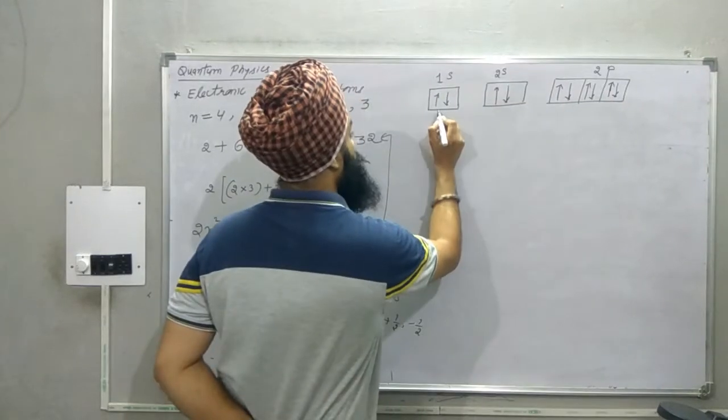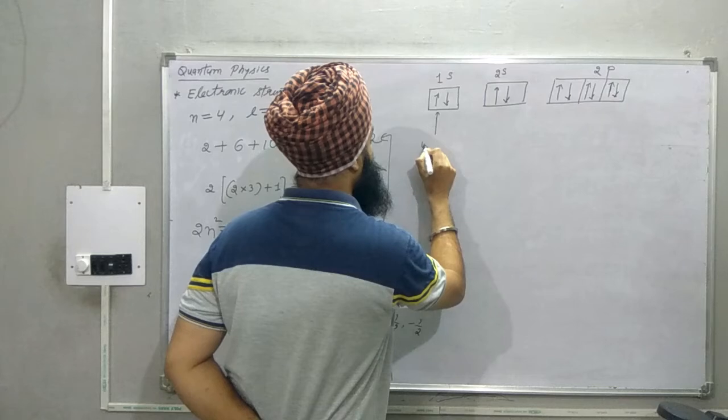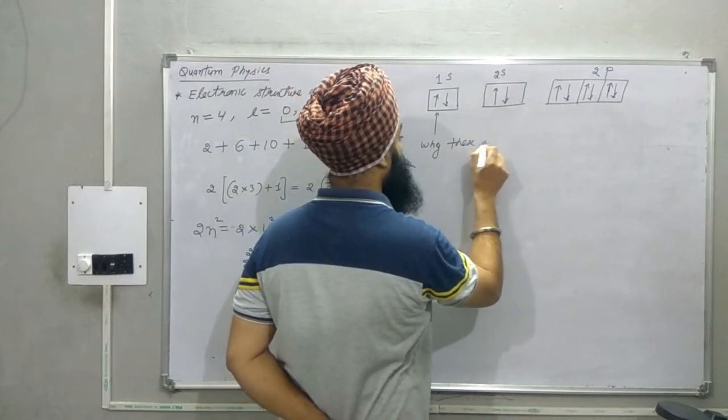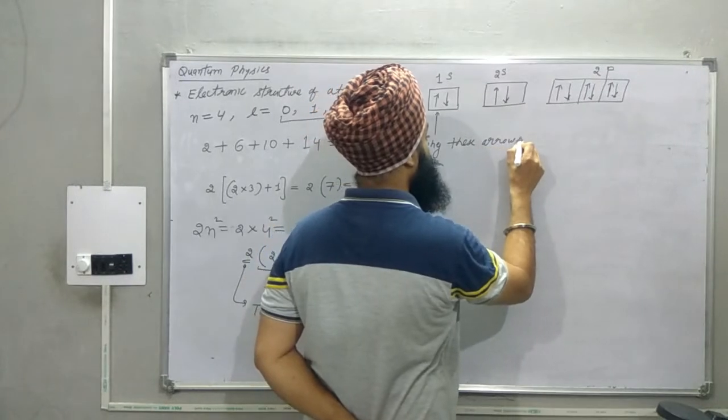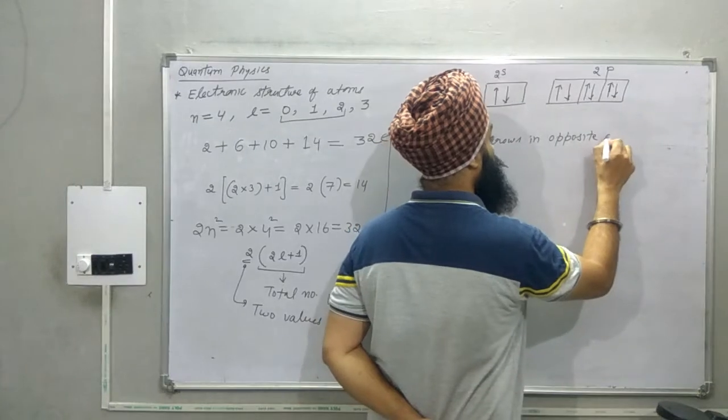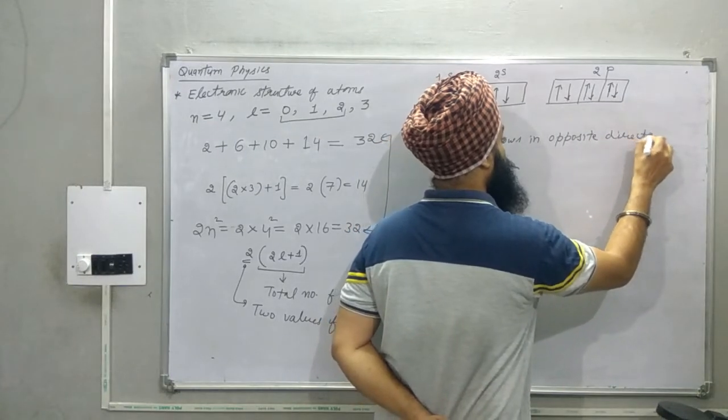So here, first of all, the question appears: why are these arrows in opposite directions?